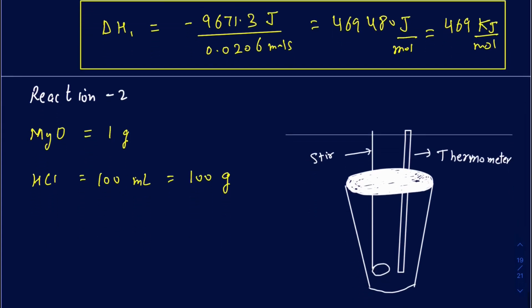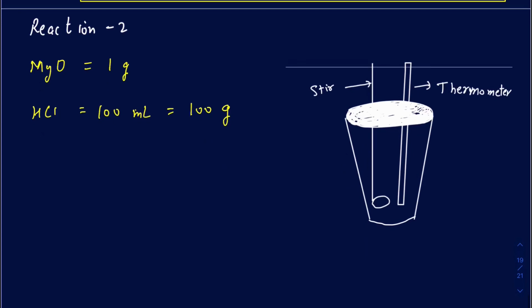And we're going to have a very similar setup where you got this HCl into this calorimetric cup, and you're going to be very well using the same calorimetric cup because you want to make sure if there is an error, it's going to be the same in both of those reactions. Okay, so you got this 100 milliliters of HCl, and then you add your magnesium oxide in there.